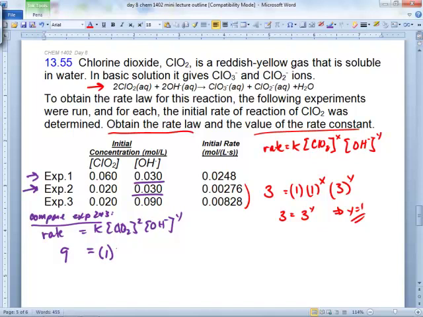ClO2. Jessica, what did that concentration change by? ClO2 changed by what? Divide the bigger by the smaller.